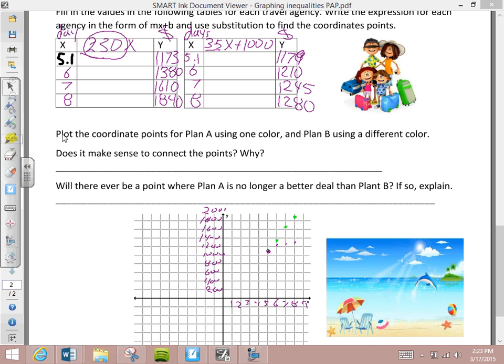Tell me, in which situation does it make sense to connect the dots? Yes? You're still looking at the graph. Context. When I say context, I'm talking about the story. In which situation, ignore the numbers, in which situation does it make sense to connect the values?